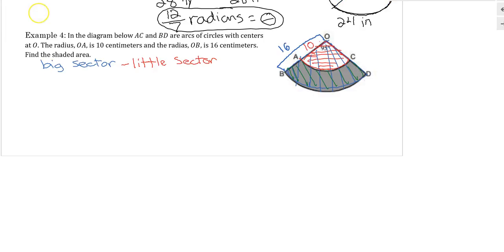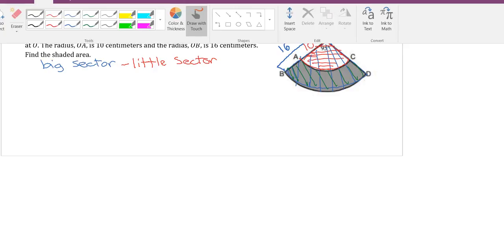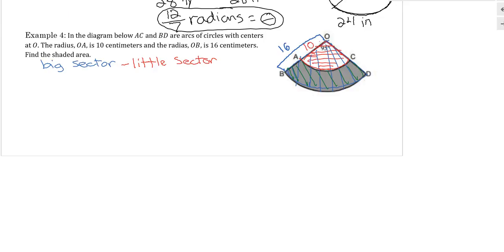Okay. So then we need to find the area of the big sector. So my area of the big sector, x, over this angle, which it told us was 95 degrees, is going to equal the area of the whole circle, which is pi times the blue radius, 16 squared, over 360 degrees.